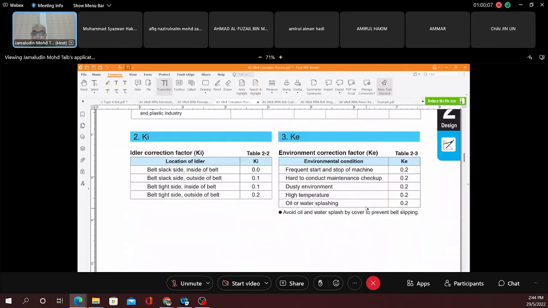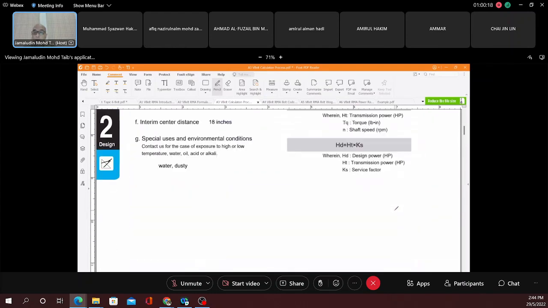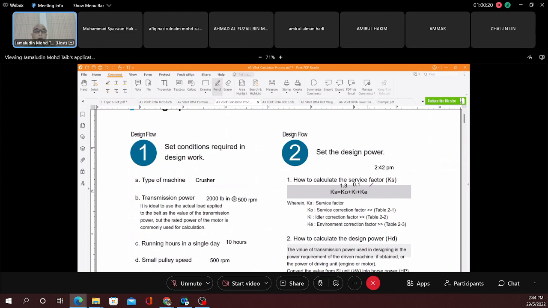You have oil and water splashing, as well as dust. That means 0.2, and another 0.2.